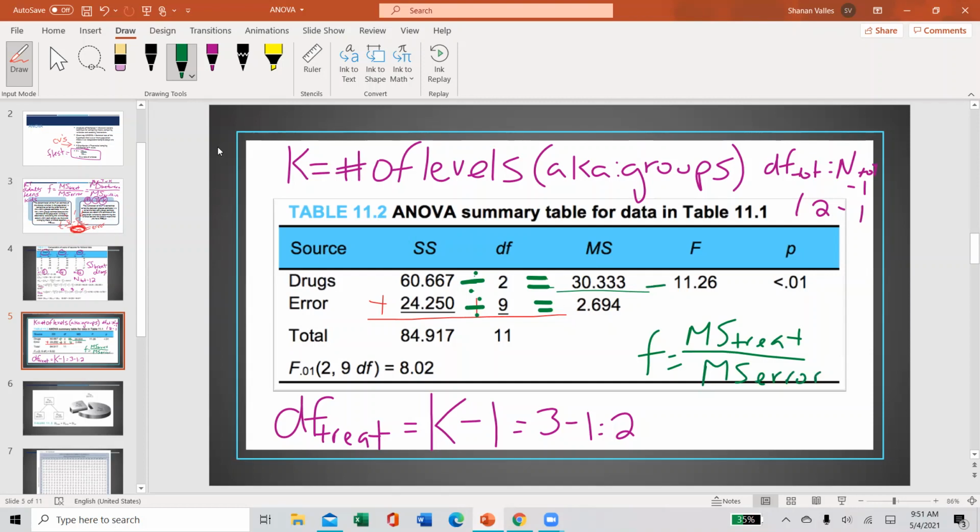So 30.333 divided by 2.694 will equal F.